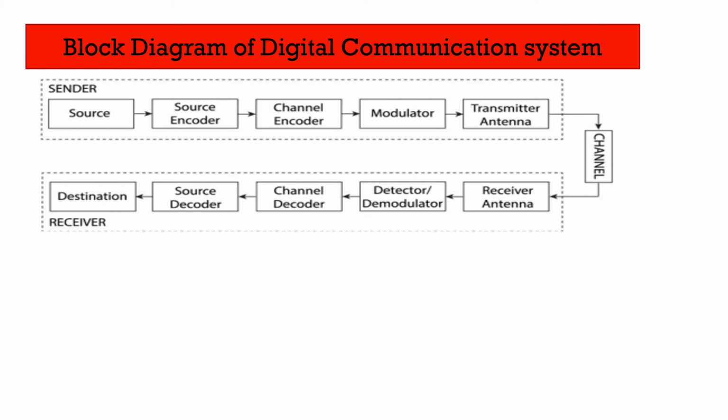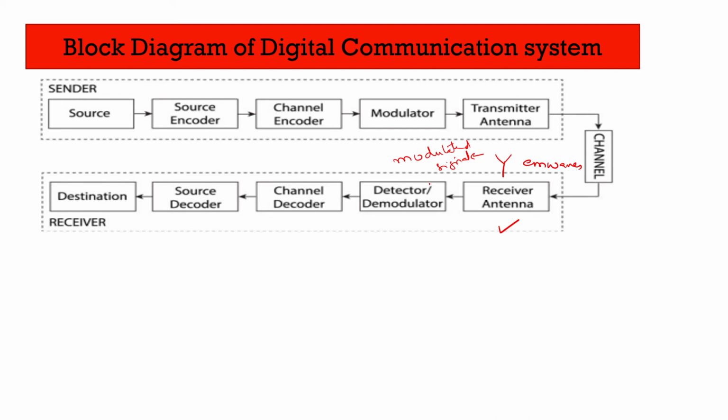Now at the receiving end, we have the receiver antenna. The inputs are your EM waves. EM waves are converted again back to the modulated signal. Depending upon the modulation technique we have used, we will get the modulated signal.